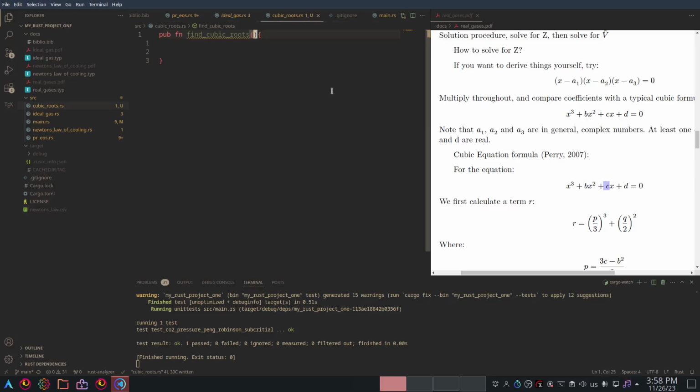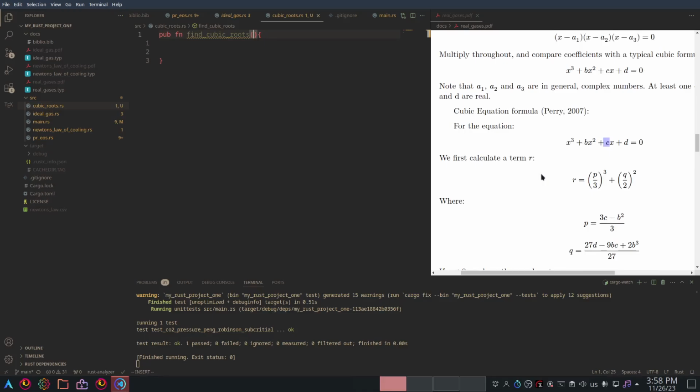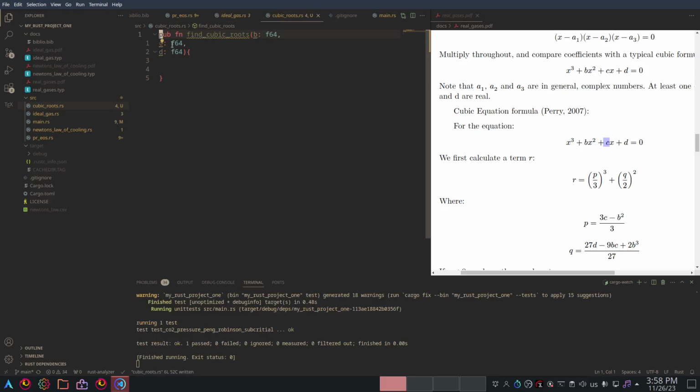All of these are going to be floating point numbers, so B is going to be f64, C is going to be f64, D is going to be f64. So that's B, C, and D. Make sure this is a public function so that you can use it elsewhere.